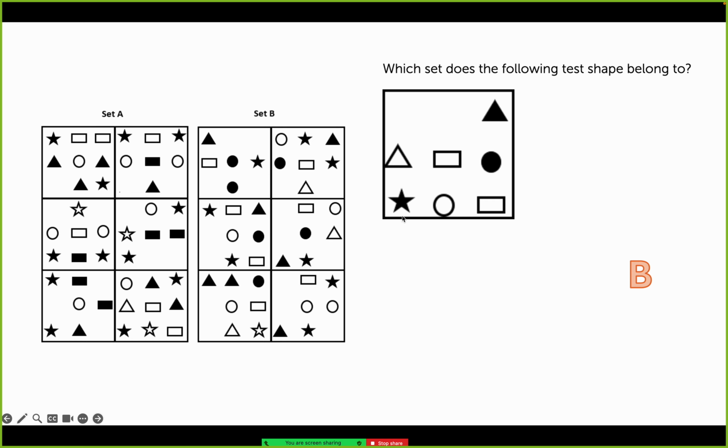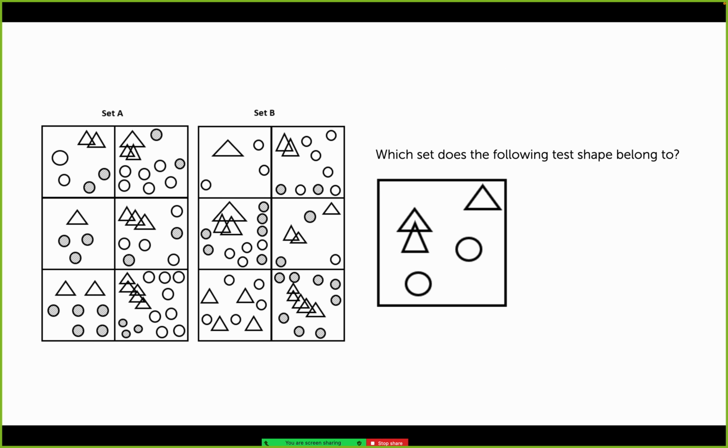The main pattern is that there is only one star. Set A contains predominantly at least 2 stars, and this one contains predominantly 1 star. It's as simple as this for set B. Okay, that is the lowest possible. If that works, we don't have to go for the second or third possibilities. Yeah, go for this.